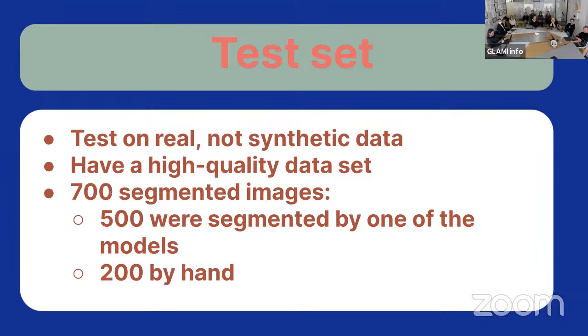So we sampled 700 samples from the Biano data. And because at this stage we already had some models at hand, most of those images could be segmented by one of the models, and we had to segment by hand just 200 of them, which took us like half a day, both of us. So not so much.